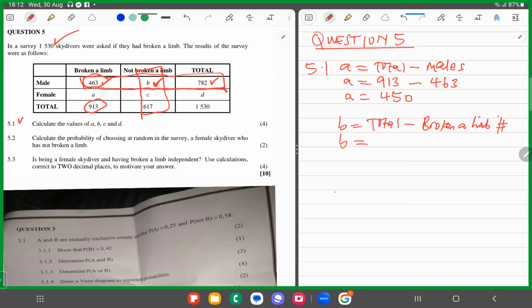What is the total number there? The total number is 782 minus 463, the broken limb number. Use a calculator. If you use a calculator, what do we get? 782 minus 463, we get 319. So that's what we get.